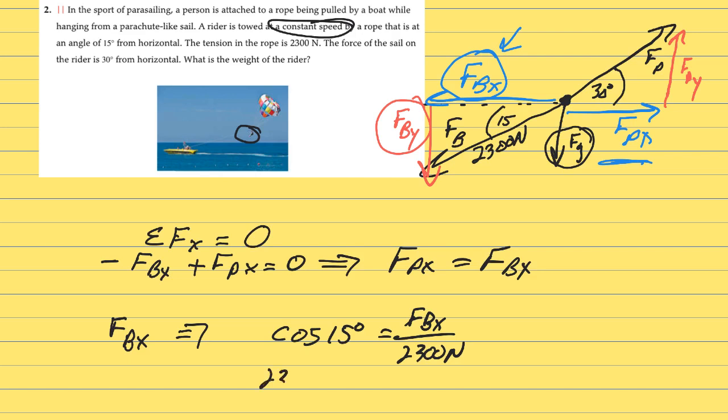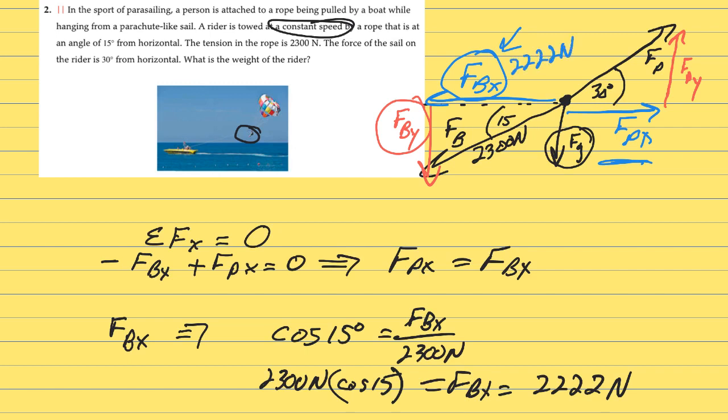Multiply 2300 by both sides, cosine of 15, and that should give me FBX, and my calculator gives me 2221, we'll round up to 2222 newtons. So that's up here, 2222 newtons.